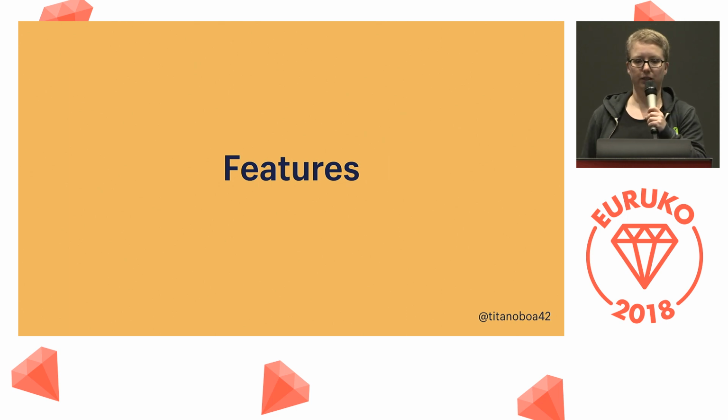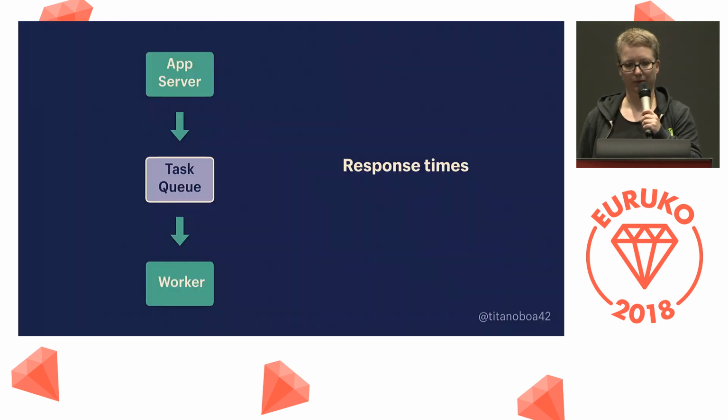Let's have a look at background job features. Background jobs allow us to decouple the user-facing request from any kind of backend task and in particular, if those tasks are time-consuming, this helps us to improve the response times and provide a better user experience.